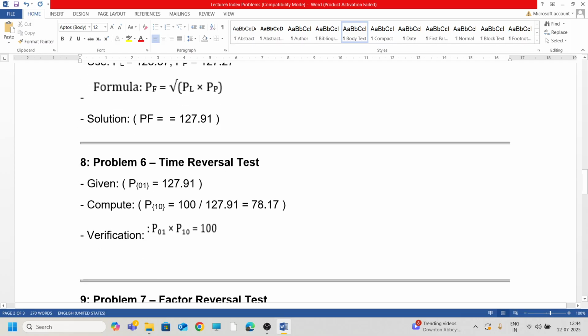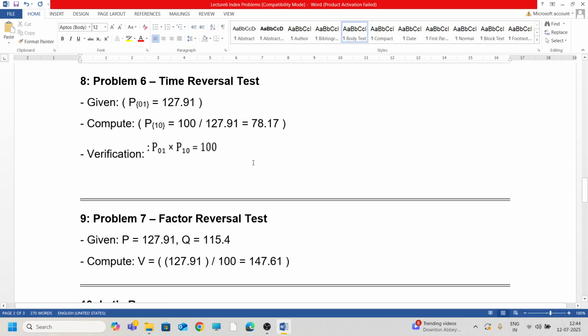Okay, so the next one, time reversal test. To verify the time reversal test, we compute the reverse index and multiply. Since the result is approximately 100, that means P01 and P10 multiplied we can get 100. The test is satisfied, we can say.